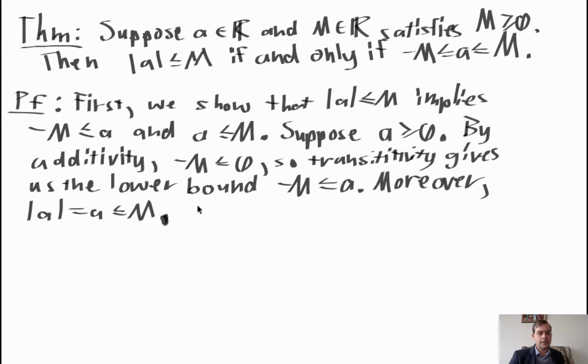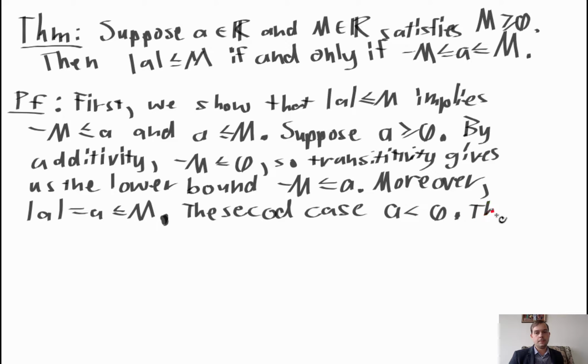Now the second case occurs when a is strictly less than 0, and therefore I have to replace it with a negative.